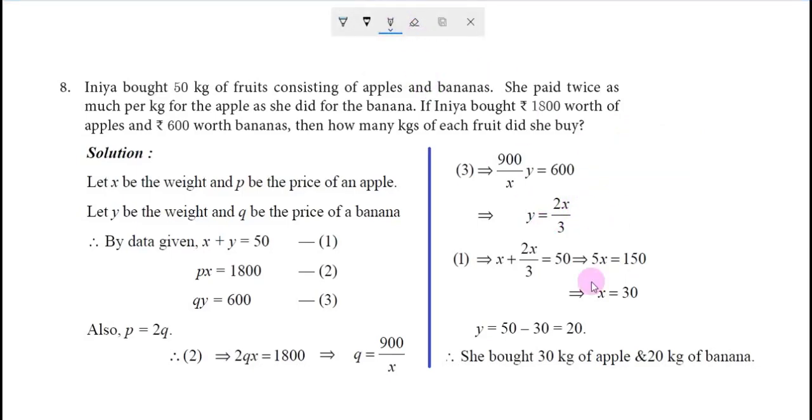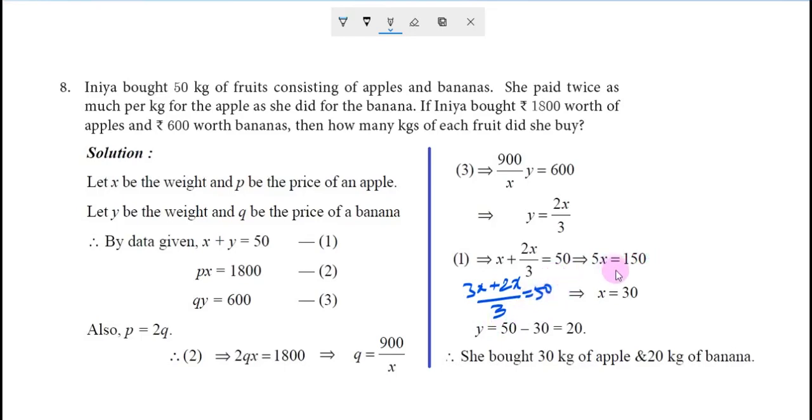Okay, now y equal to 2x by 3. Apply y value in equation 1. So x plus 2x by 3 equal to 50. Now take LCM. So 3x plus 2x by 3 equal to 50. So 3x plus 2x, this will be 5x. So 5x equal to, here move this 3 to the right side numerator.